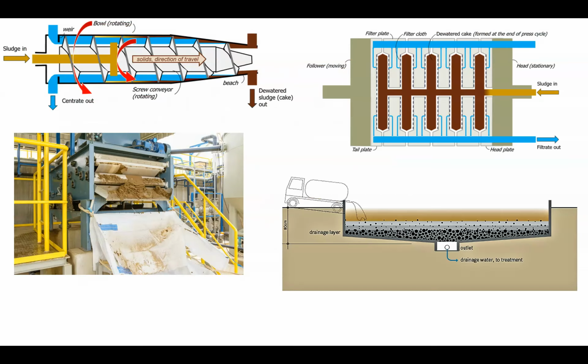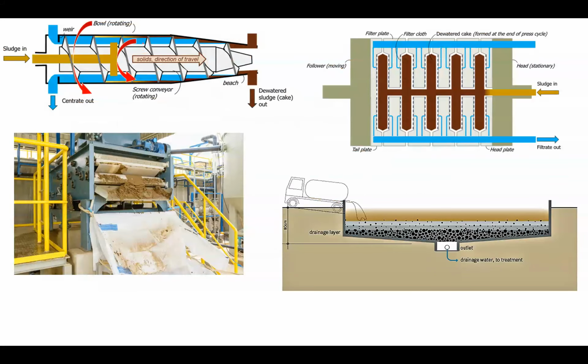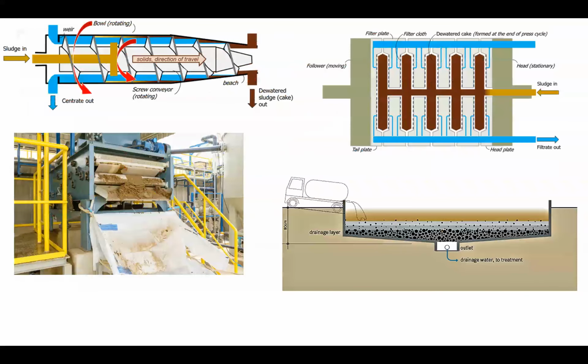The first one is centrifugation. You can see the rotation of the mechanical part here, and then second is the belt press. Third is the filter press, and then drying bed is here.